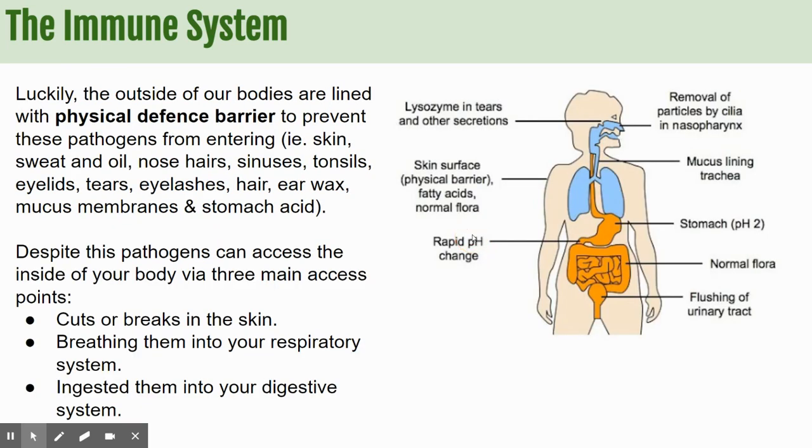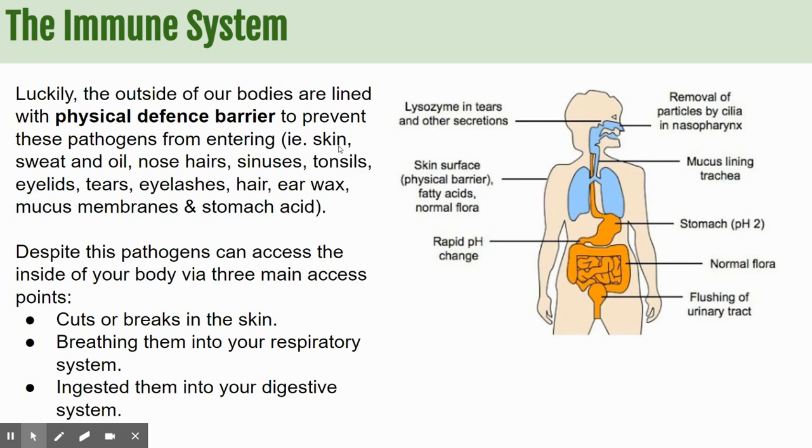We are lucky, though, we have this physical defense barrier on our body that keeps most of these pathogens out, so that our immune system doesn't have to set up the immune response all the time. Some of these different physical barriers are listed here. These are used to prevent those pathogens from even entering our body. We have skin, it keeps everything out, right?